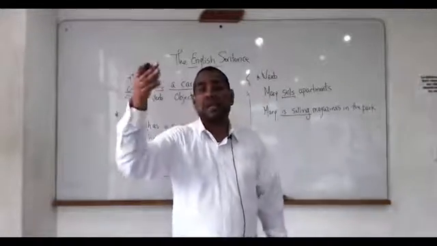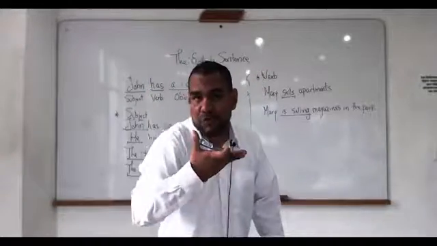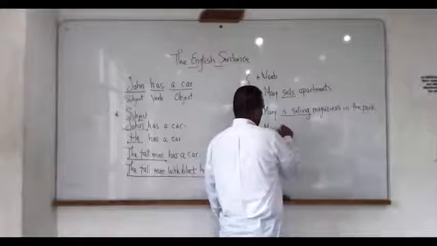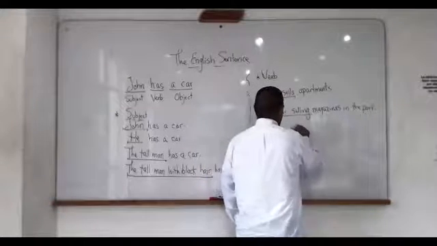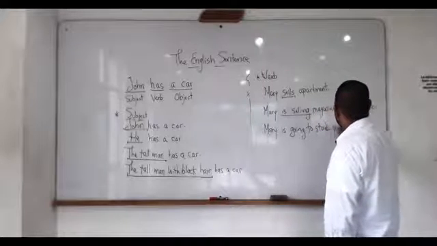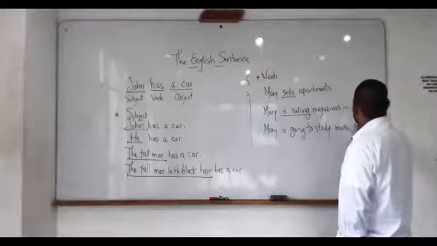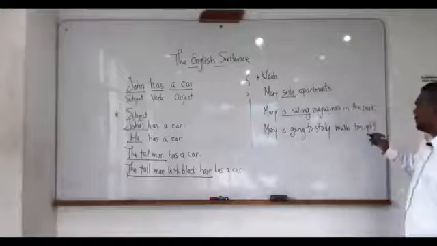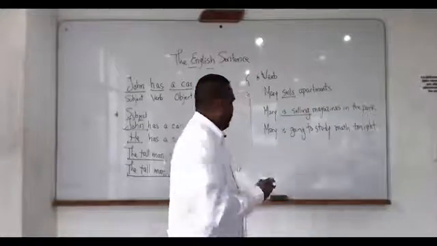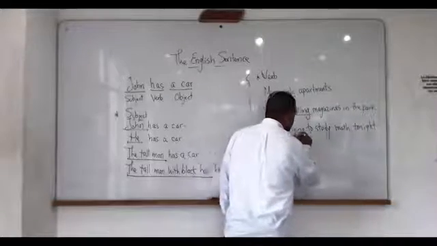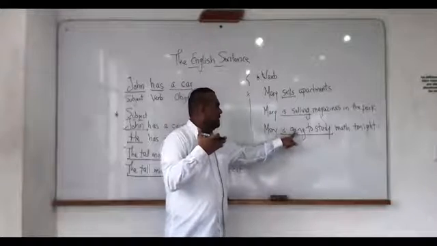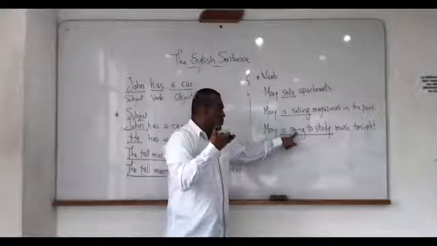Or we can also have more complex structures with respect to the verb. Look at this. Mary is going to study math tonight. Over here, the verb is this. Is going to study. Auxiliary form. This is also an auxiliary structure.